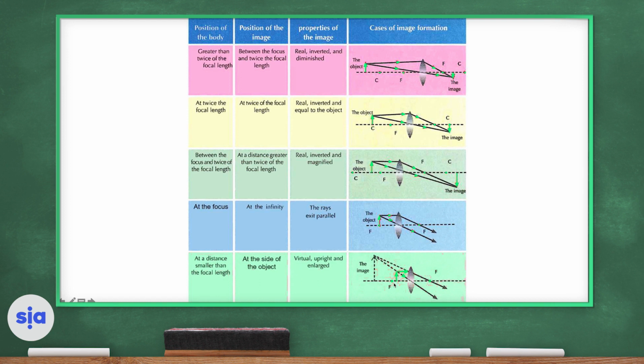And if the object is at a distance smaller than the focal length, the image will be, look where the image is. It's here. It's virtual, upright, and enlarged, at the side of the object, not at the other side of the lens. It's the same side where the object exists.